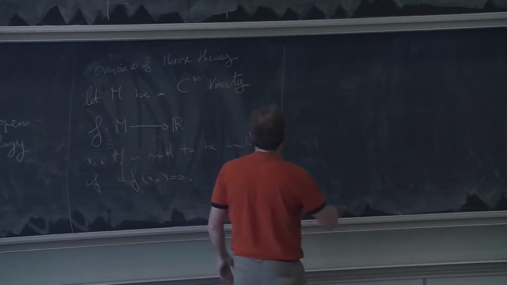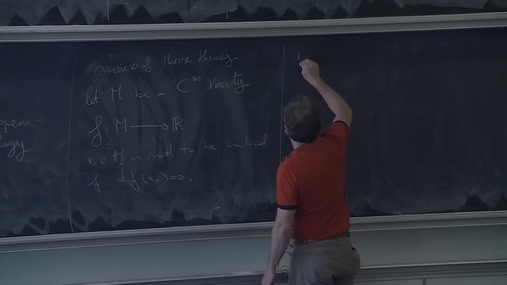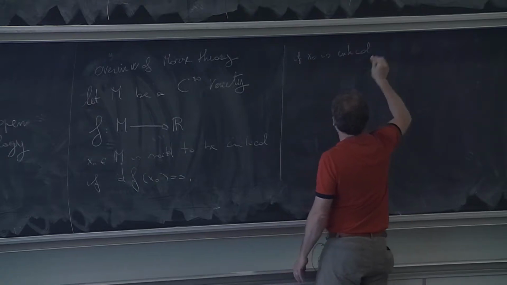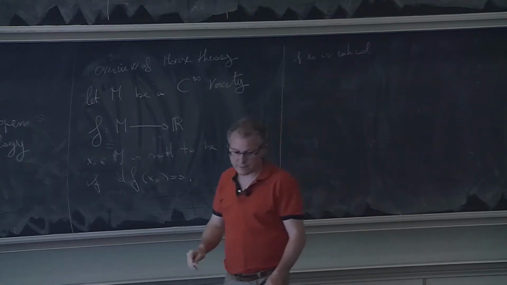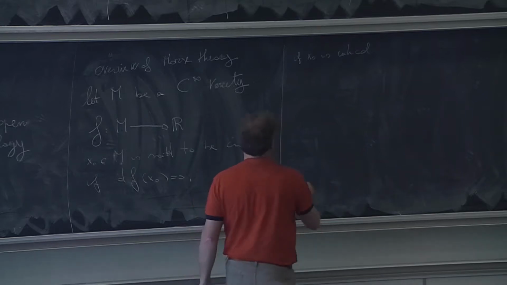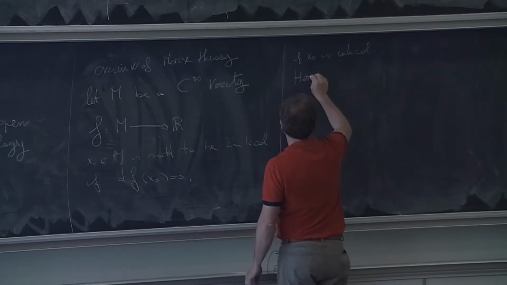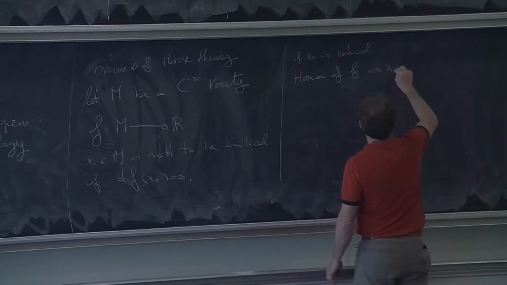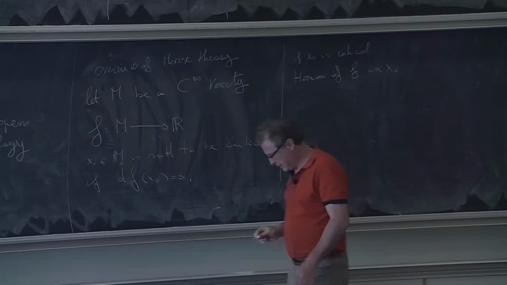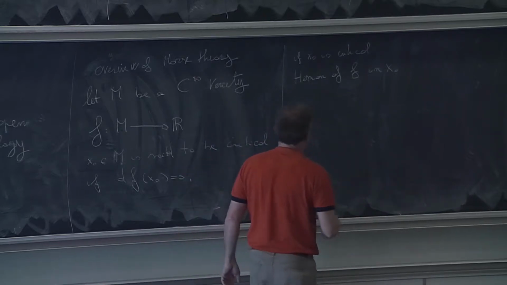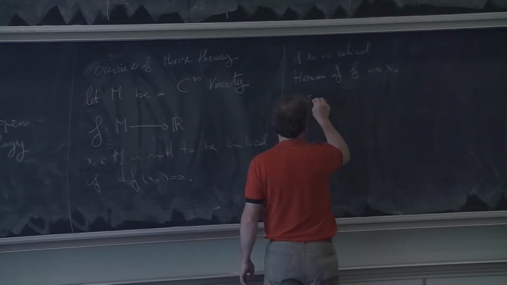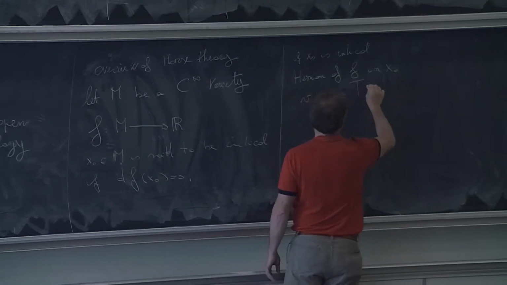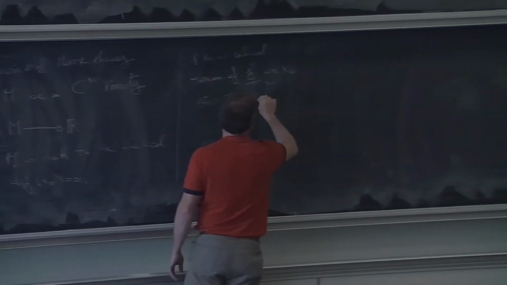And if x0 is critical, you can define the Hessian of f in x0. This is given in the following way. You take two vectors v and w in the tangent space of M in x0.